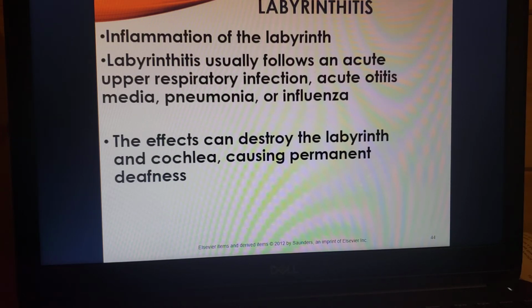Our next disorder is labyrinthitis. This is an inflammation of the labyrinth. Labyrinthitis usually follows an acute upper respiratory infection, such as acute otitis media or pneumonia or influenza. The effects of labyrinthitis actually destroy the labyrinth and the cochlea and can cause permanent deafness.